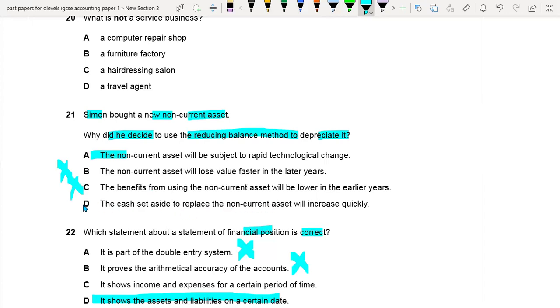This is almost wrong because we don't charge RBM or any depreciation rate or method just because we want to keep cash set aside to replace a non-current asset in the future. This is not the right option for any method of depreciation. So A option is the right option.